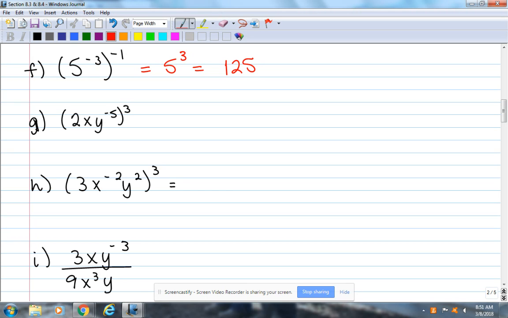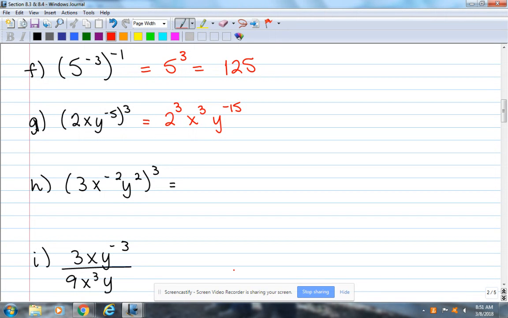So look at G. Parentheses 2xy to the negative fifth, all raised to the third power. So what do we do when we have parentheses? Give everything the outside exponent. So that's going to be 2 to the what? Third. X to the and y to the what? Okay. And I've got 2 things I can fix.